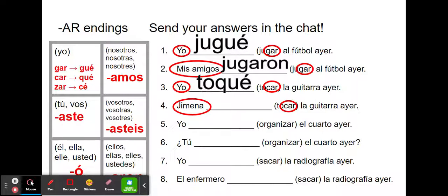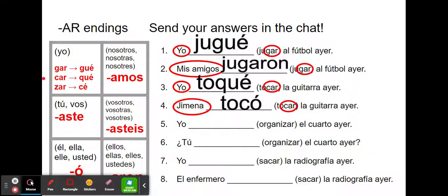It's a stereotypically feminine name, but I guess that wouldn't necessarily mean she has to be a girl. So Jimena is the person. That's going to be ella form because it's singular and we're talking about this person. So third person singular. It's going to have to end in O, but we don't have to do the thing where we change CAR because it's not yo form. So it's just going to be tocó with a C.